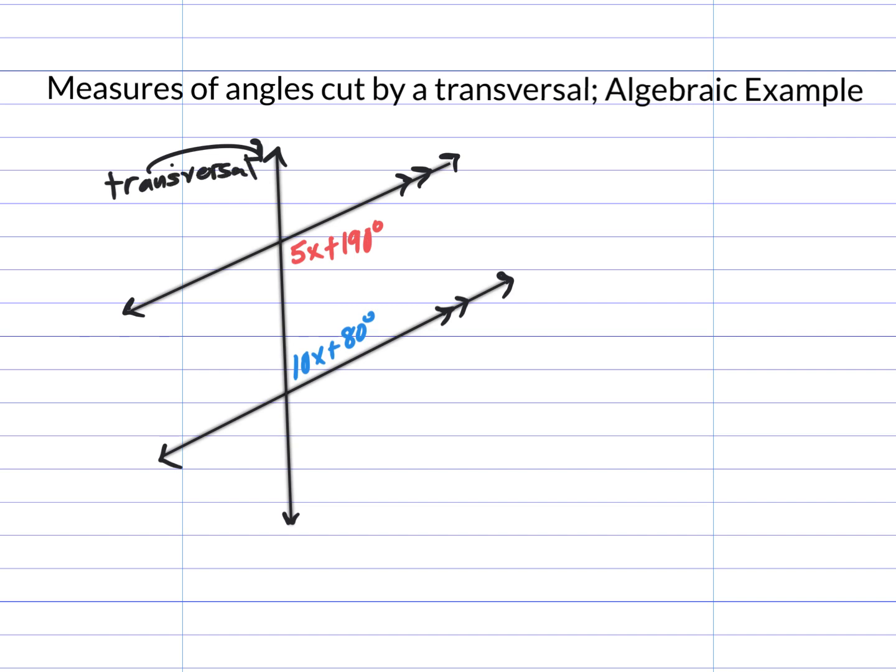And let's see, this blue angle here, I know that the blue angle, 10x plus 80, corresponds to this angle. And so I'm going to go ahead and put 10x plus 80 here as well.